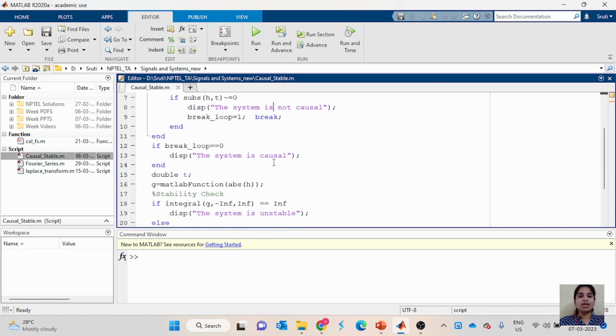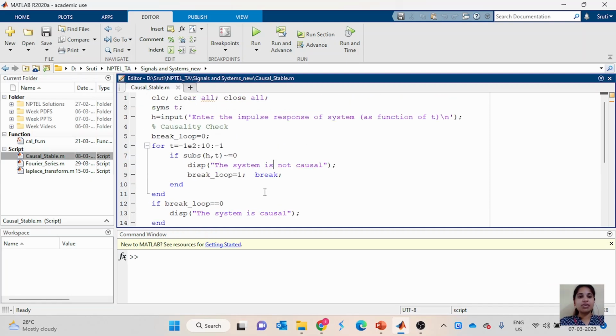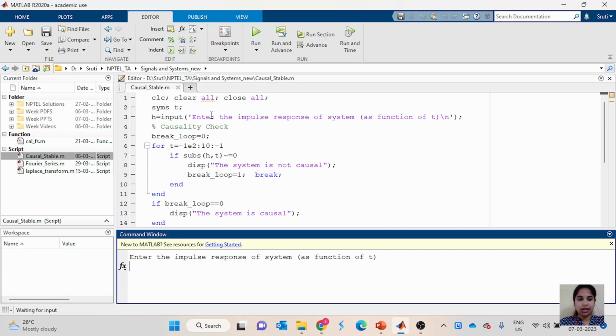In the same way, if the integral from minus infinity to infinity of the mod of the impulse response is less than infinity, then I will tell it is stable. If it is equal to infinity, I will tell it is unstable. I will share this PPT with you, so you can have this function and test it when you're free.